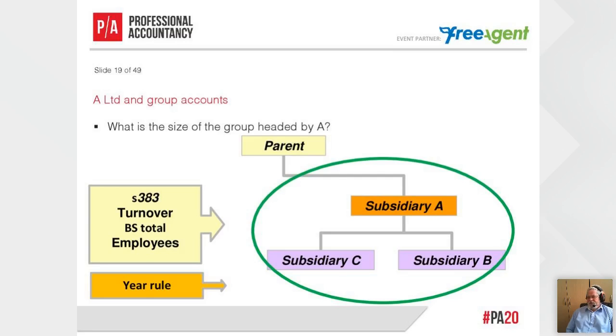One, if subsidiary A heads a small group, then it gets an automatic exemption from the preparation of group accounts. The next grouping that provides an exemption is if subsidiary A, together with B and C, are consolidated further up, then it will get an exemption. Those exemptions will be under sections 400 and 401.